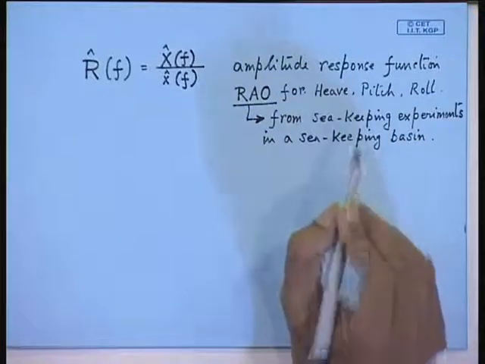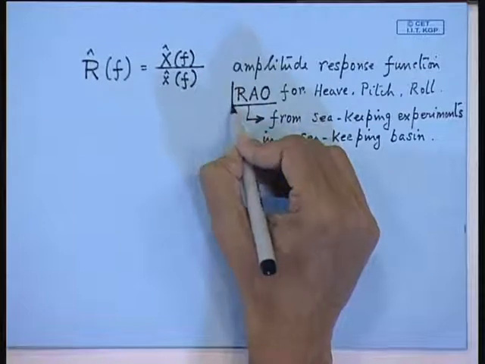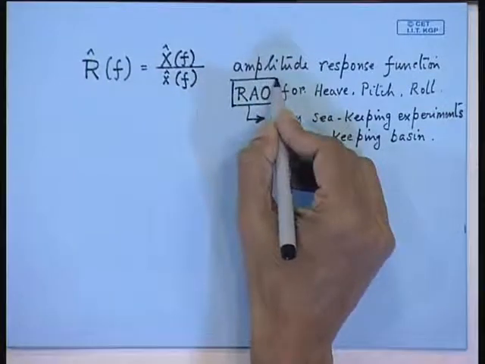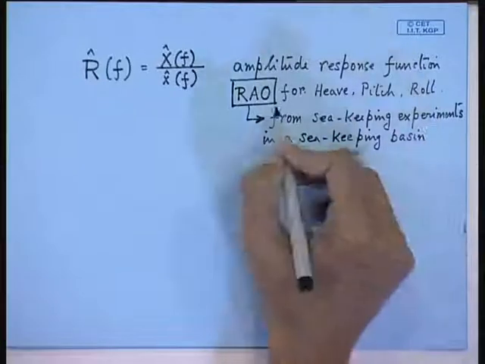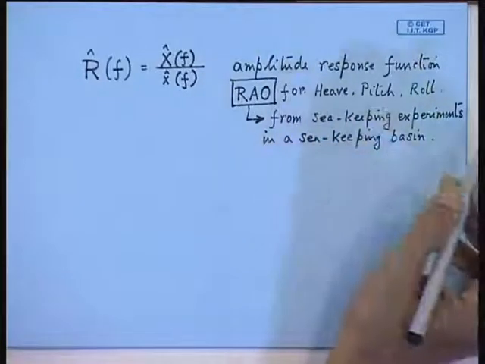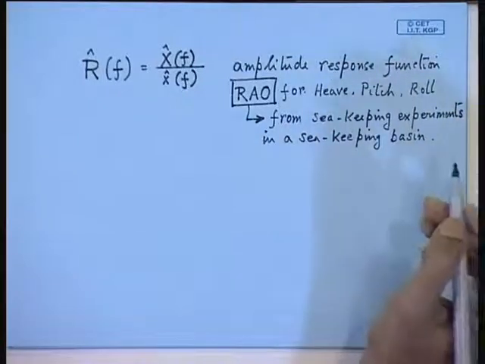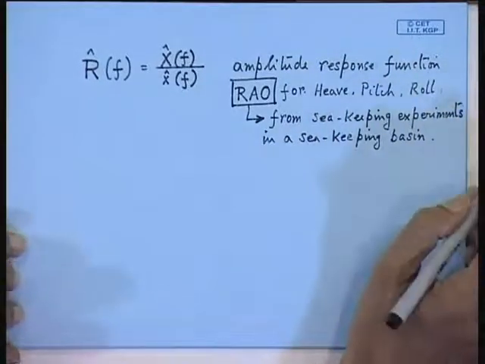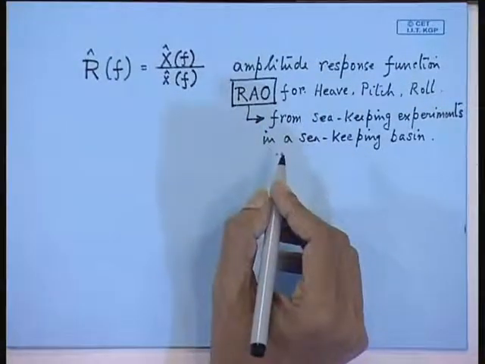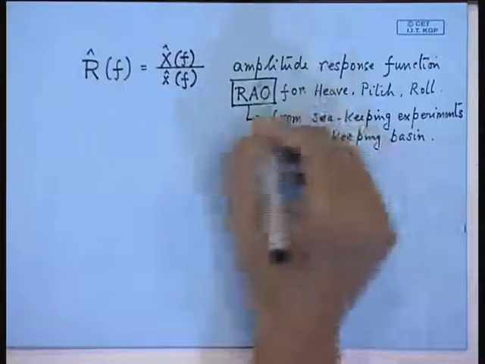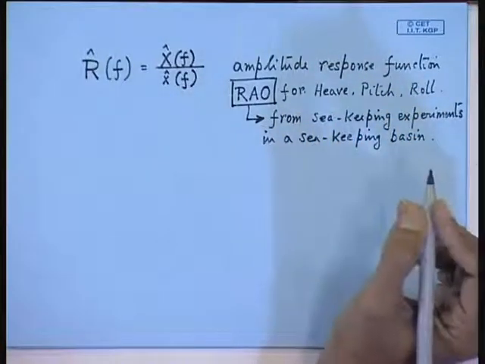Only after you do this seakeeping experiment can you calculate this RAO for heave, pitch and roll. This is where we are more interested, but unfortunately experiments you cannot conduct in our wave tank. Anyway, this is called your amplitude response function or amplitude response vector.